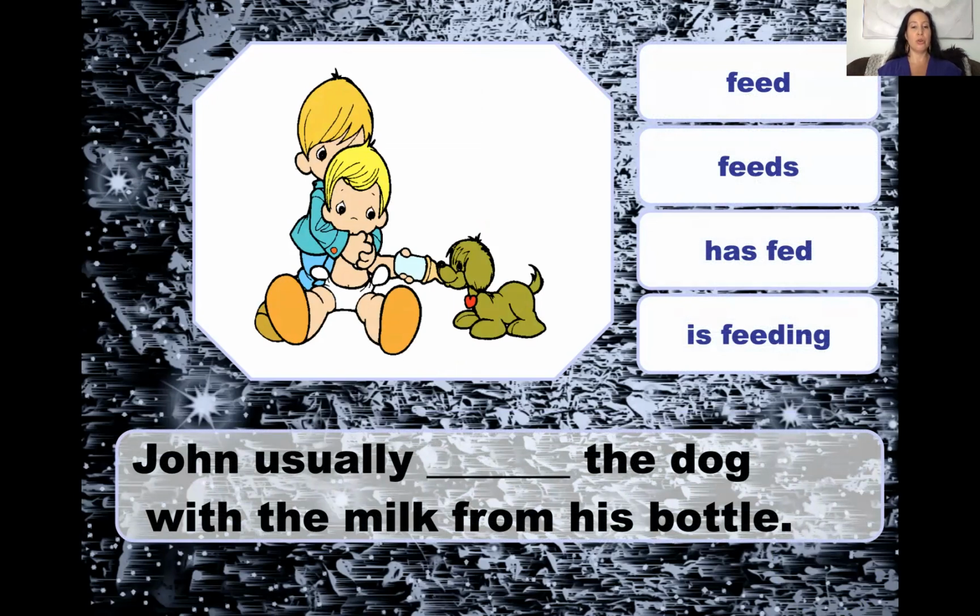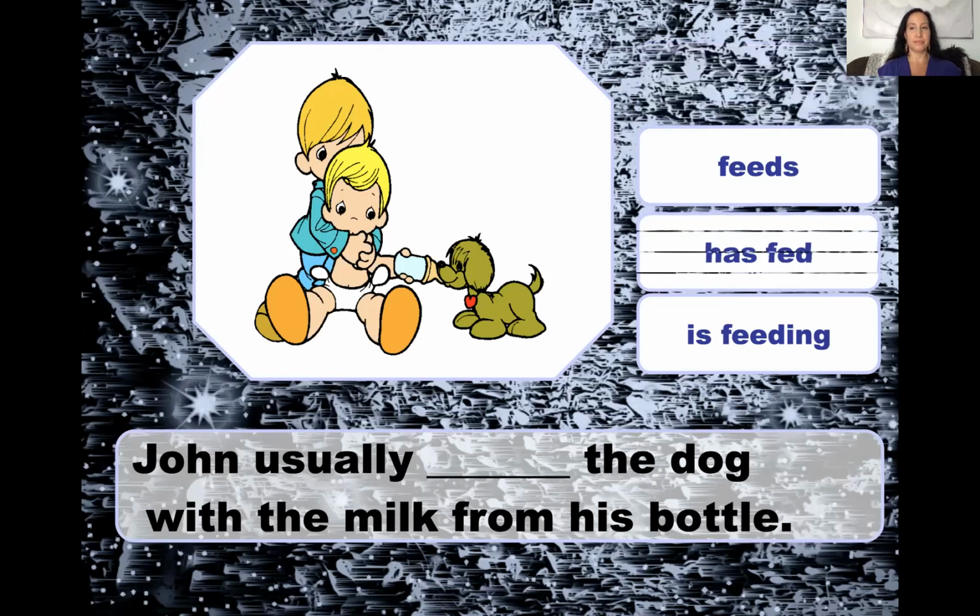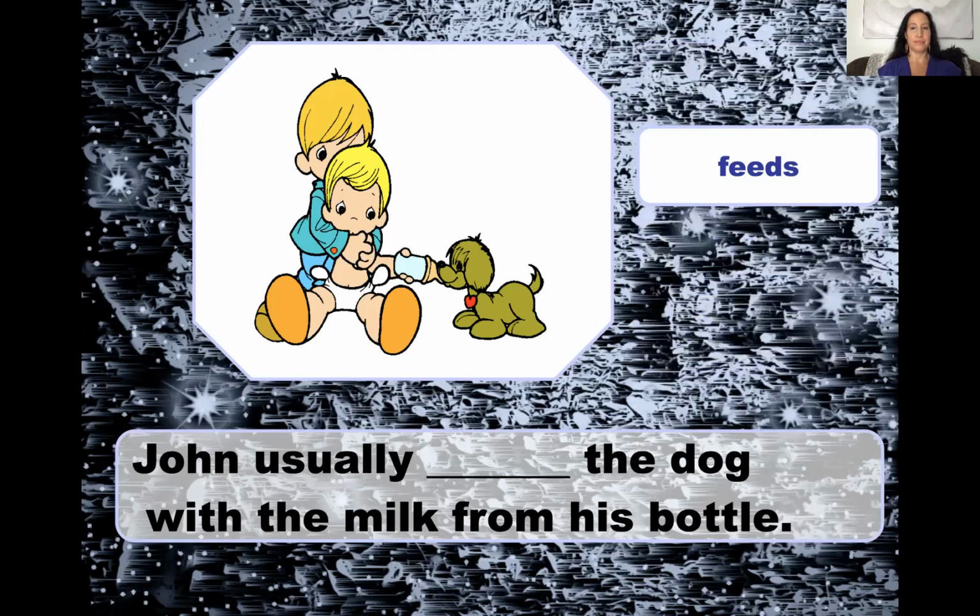Now the clue word is usually. What should the answer be? Did you get it? John usually feeds the dog with the milk from his bottle. Congratulations if you did.